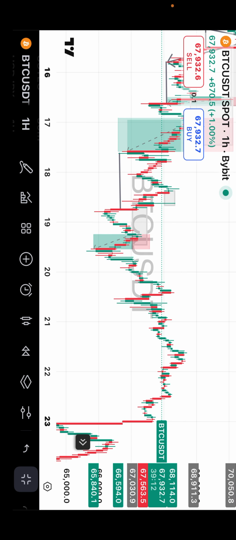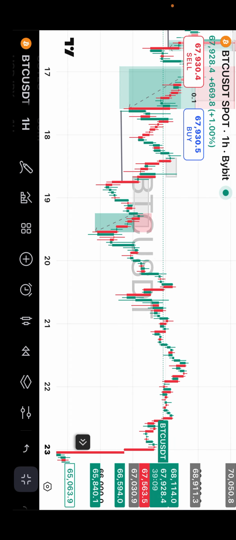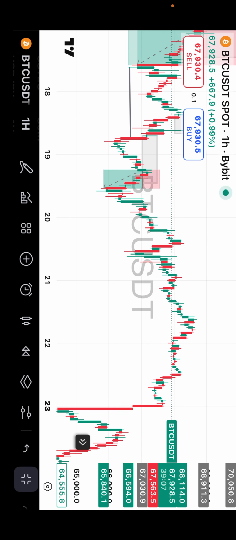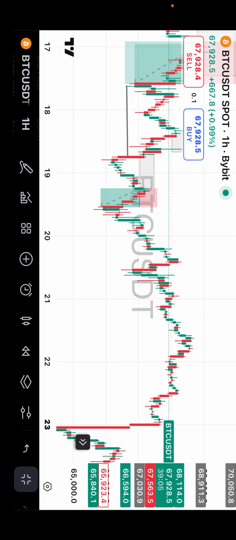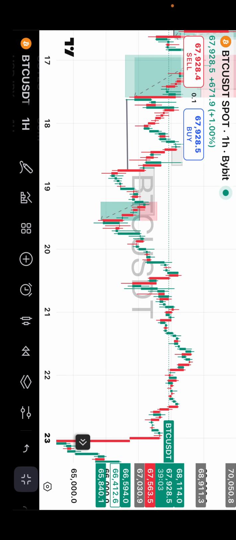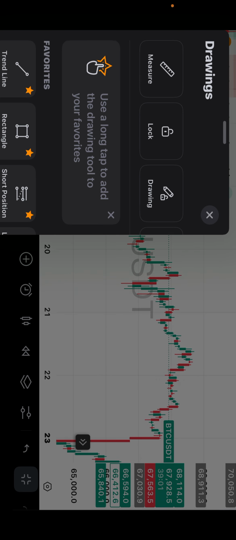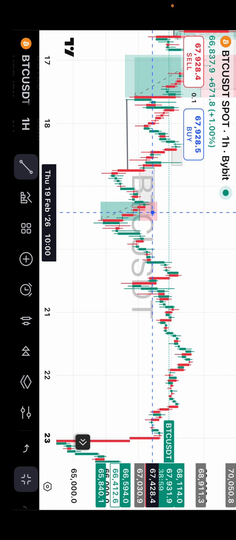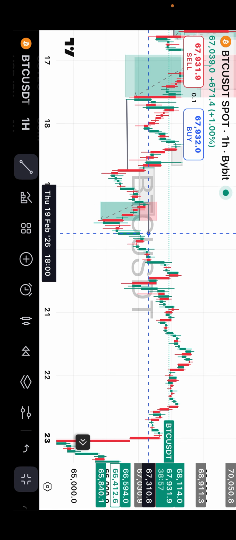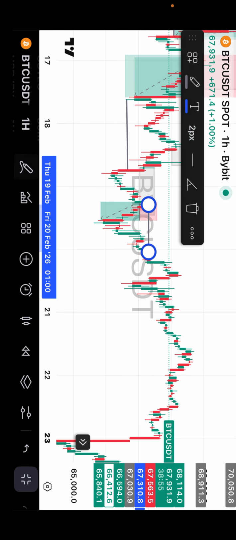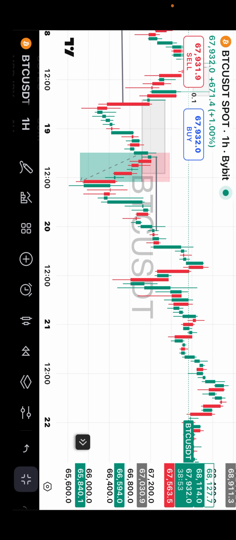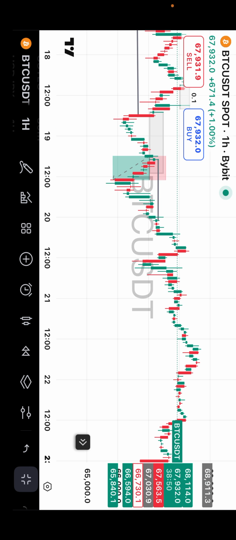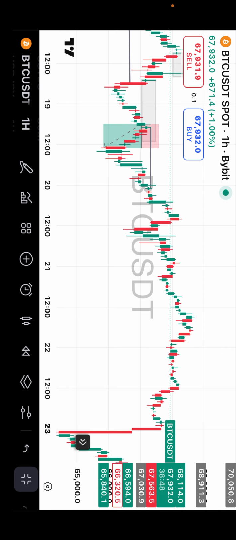At this point here, the market shifted structure to bullish. You can see the market took out this high here, and then started going on an uptrend, and it kept on going up.